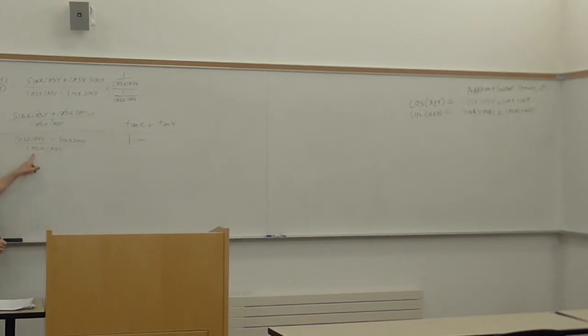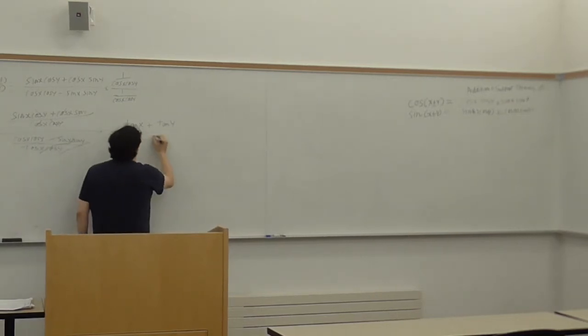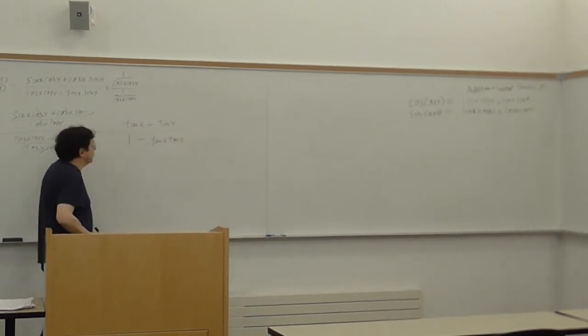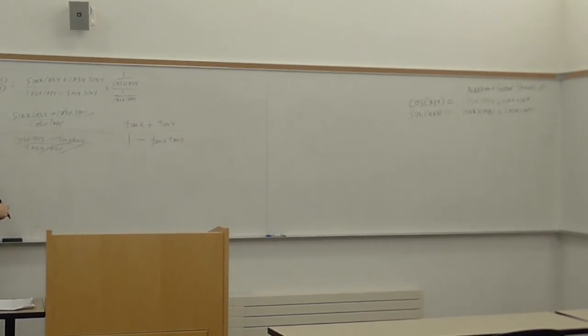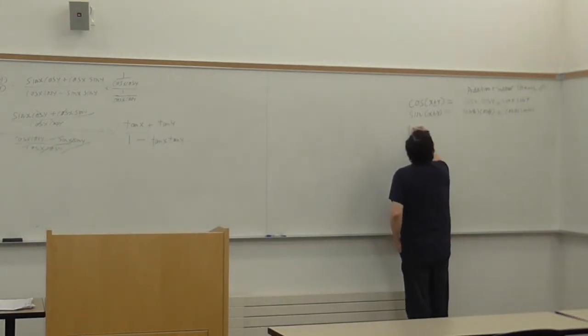Sine x sine y over cosine x cosine y, well that's tangent x times tangent y, right? I group the x's and the y's. So that's tangent x, tangent y. Okay, so I'm completing my formula list here.